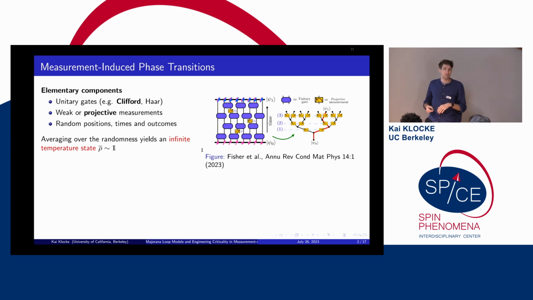Clifford is just the set of operators that map a Pauli operator onto a Pauli operator, and Haar is a larger group of matrices.